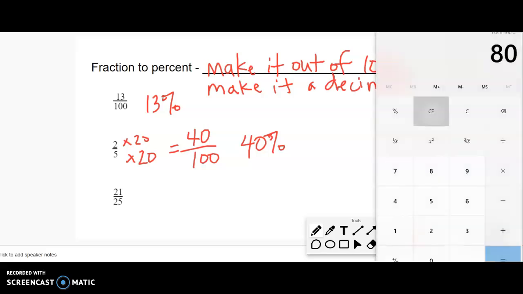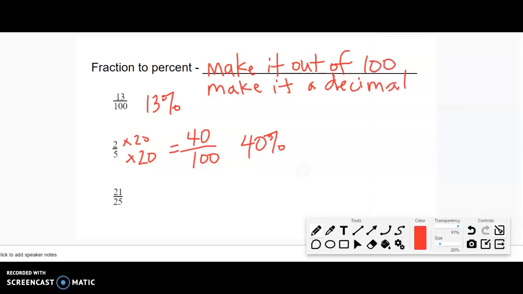Or I could say, well, 2/5, that's 0.4. I know that that's also 0.40 or 40 hundredths, so it's going to be 40%. Or multiply by 100. And again, I get 40%. So different strategies to use. 21 25ths, I could either make it out of 100 by multiplying by 4.